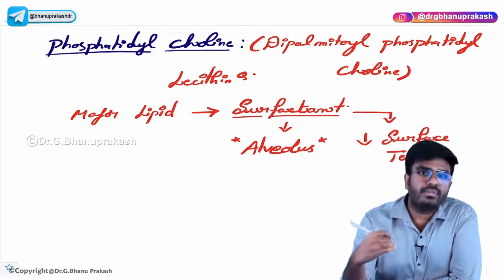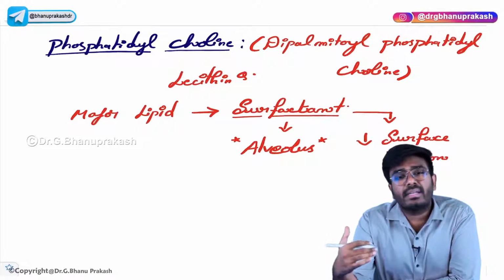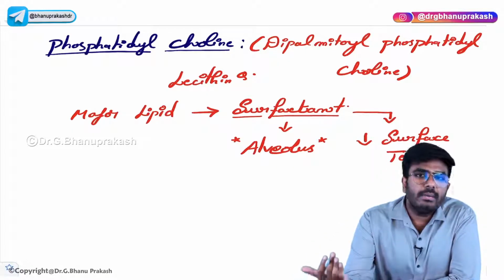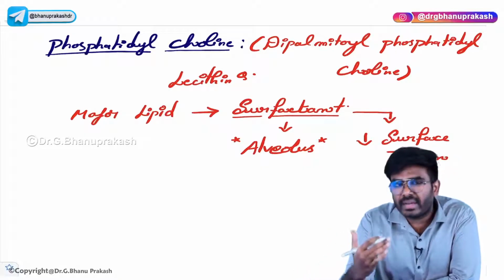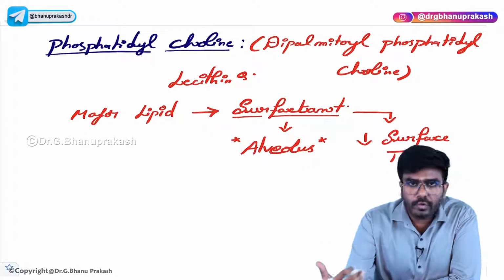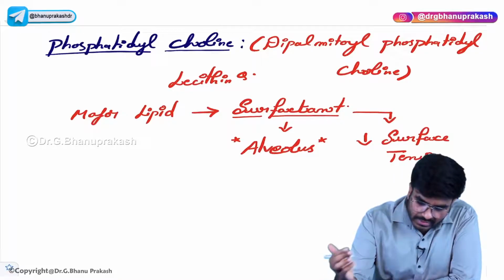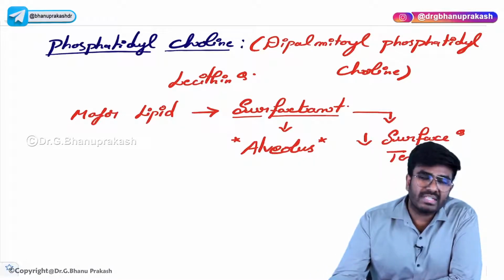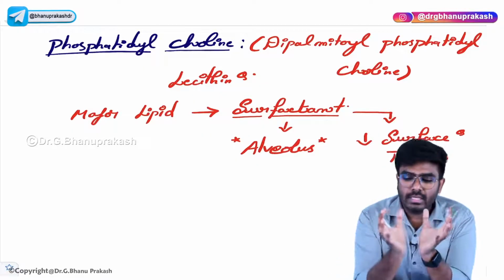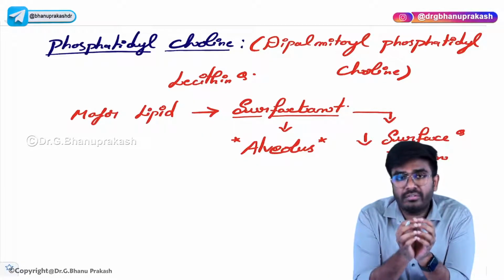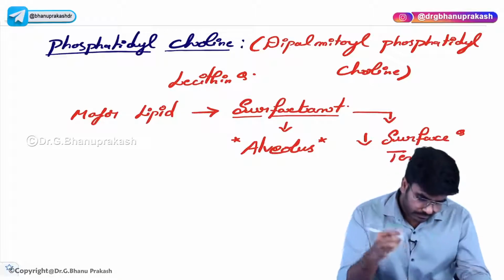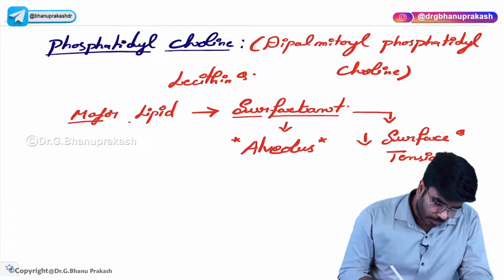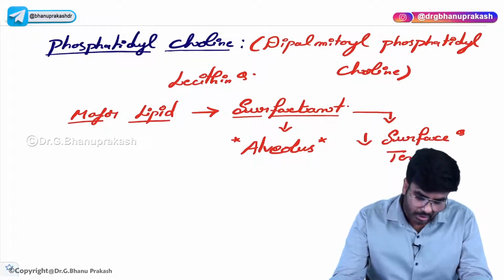All these phenomena were discussed in detail in respiratory physiology, but here also I am just giving you a glimpse. Surface tension is a very bad force. It's a collapsing force. It will cause collapsing of the alveoli, which is not good. So in the alveolus, to prevent the collapse, there is something called a surfactant.